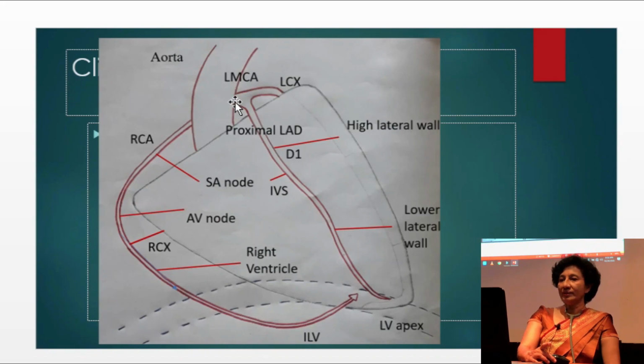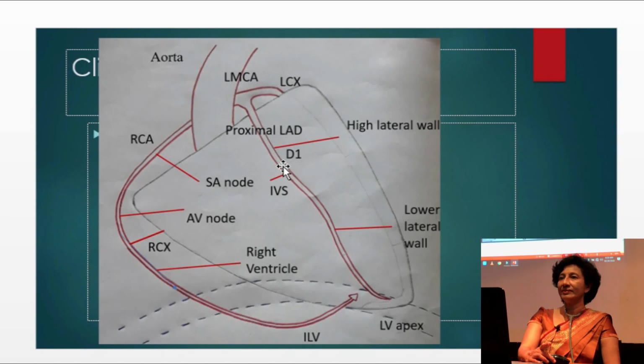Now let's move to the left main coronary artery blood supply. It divides into two, the left anterior descending and the left circumflex. The left anterior descending supplies two-thirds of the left ventricle: the anterior wall of the left ventricle, high lateral wall, lower lateral wall, LV apex, interventricular septum and bundles.